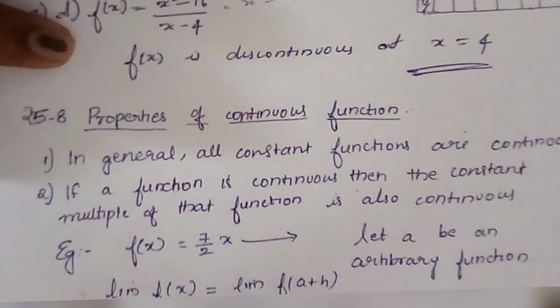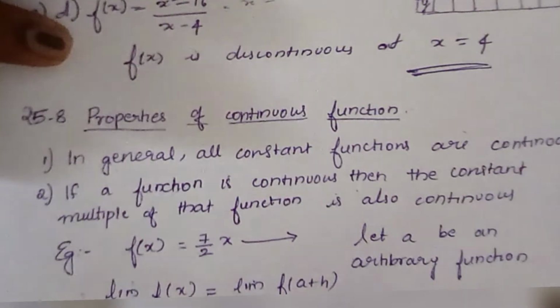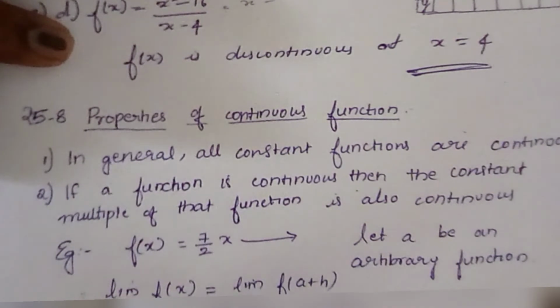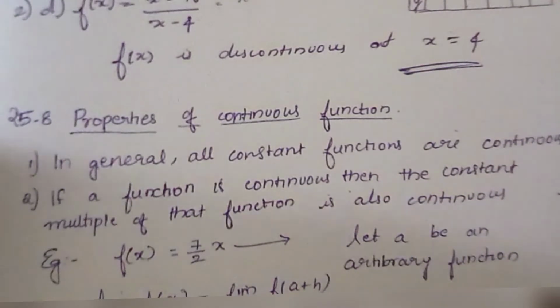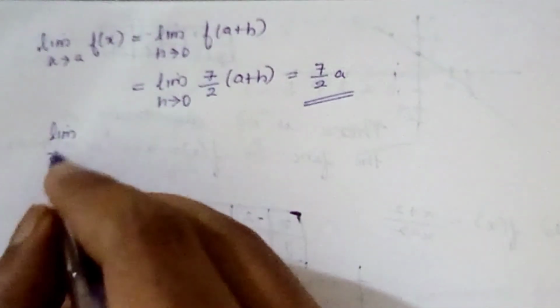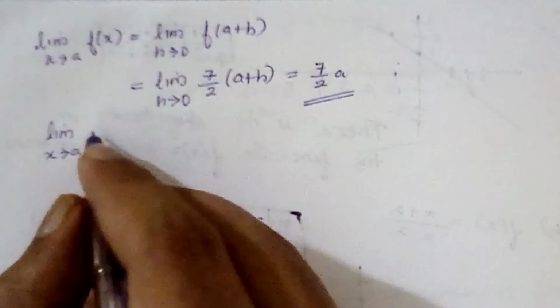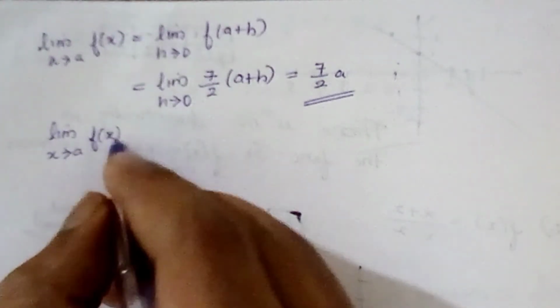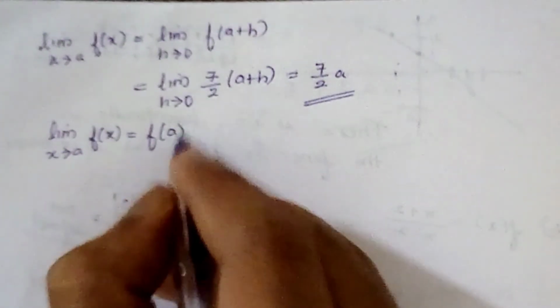This is equal to 7 by 2 a plus h, let h tends to 0, which is equal to 7 by 2. Limit x tends to a, f of x equals f of a.